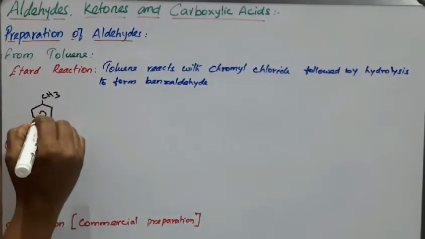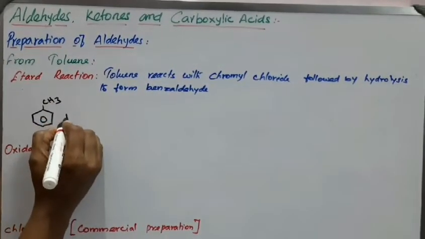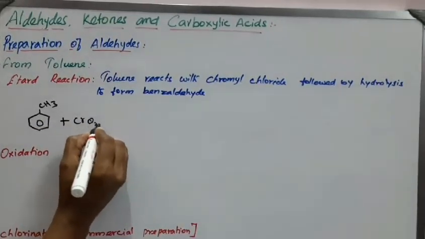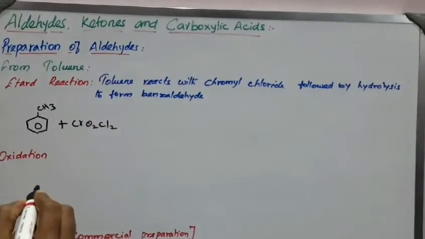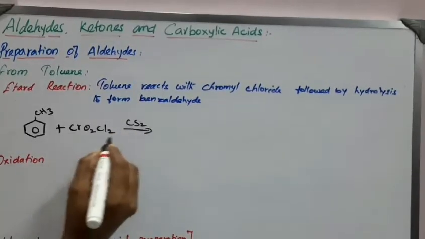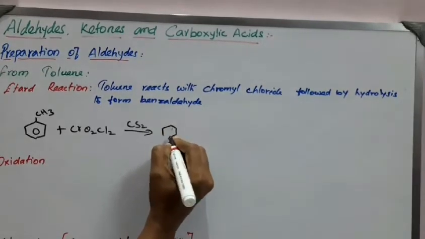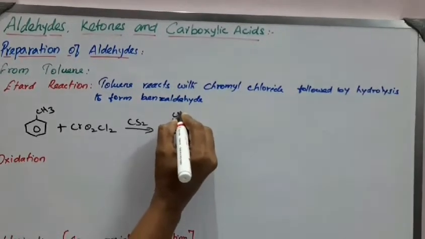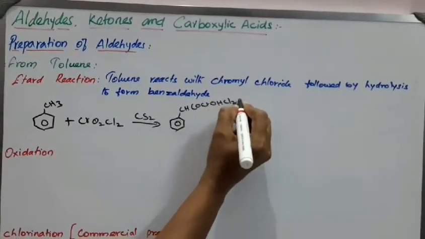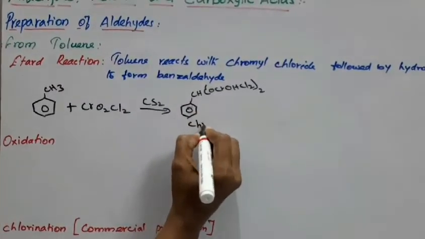This toluene reacts with chromyl chloride, CrO2Cl2, in the presence of a solvent like carbon disulfide to form a chromium complex, C6H5CH(OCrOHCl2)2.